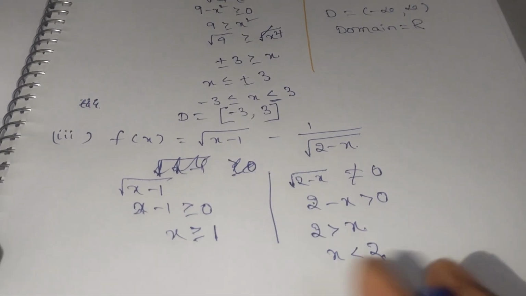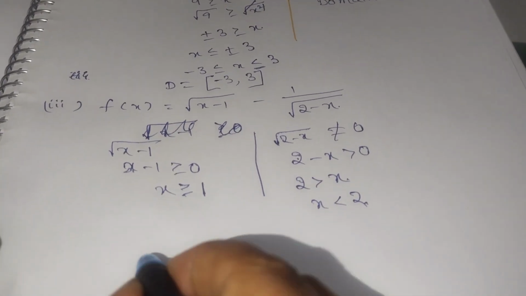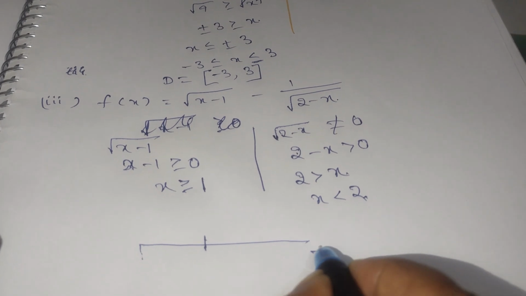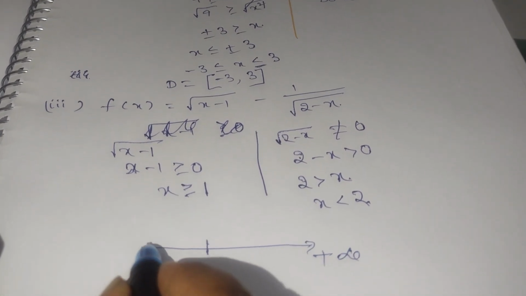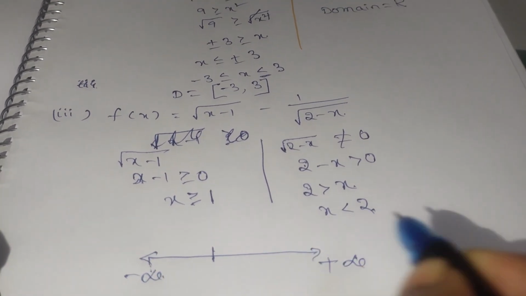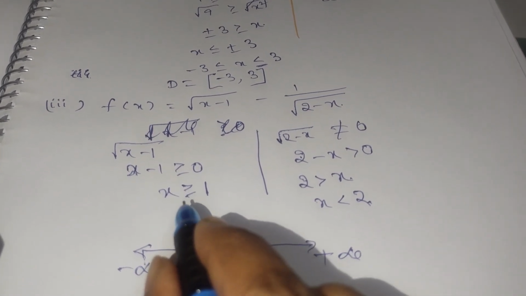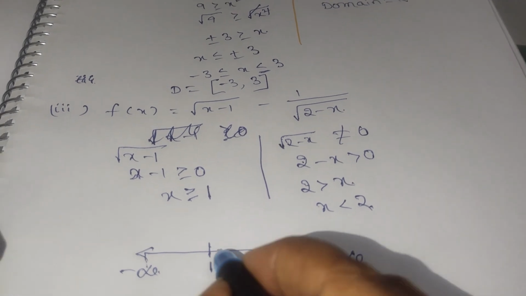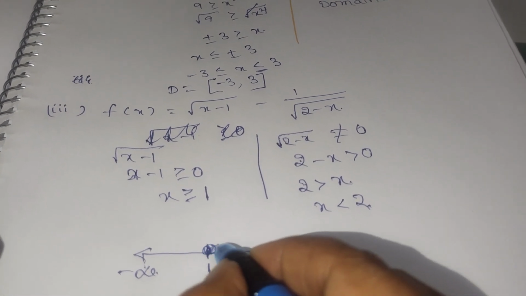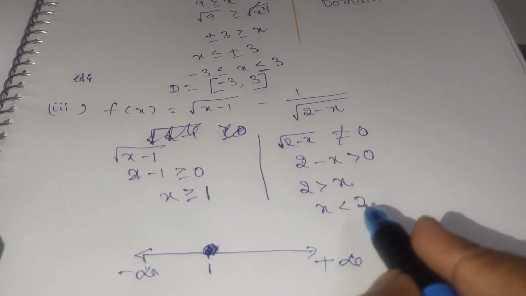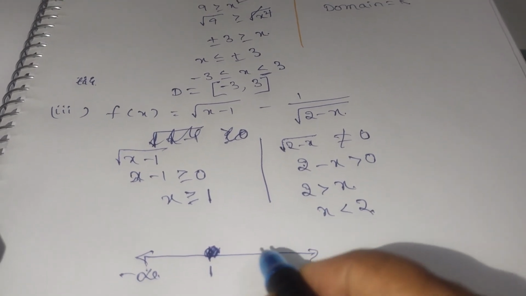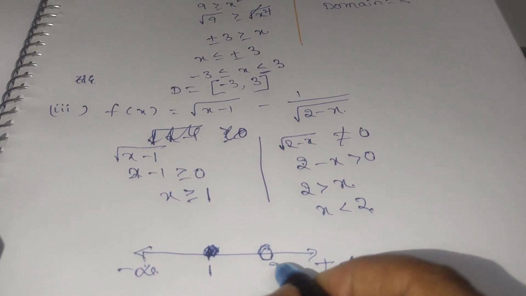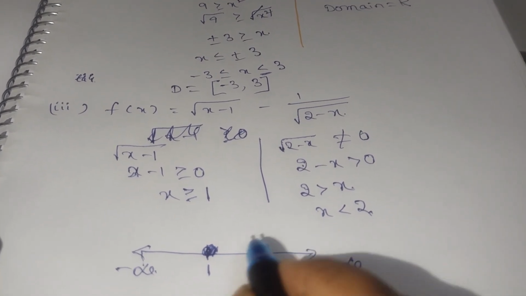Now draw the number line for these two values. So the number line is, on the right hand side we have plus infinity, on the left hand side we have minus infinity. So it is 1, from 1 to more. So we are considering from 1. Next, the second value is less than 2, meaning not 2. Don't shade this one. So it's not 2 in the interval.